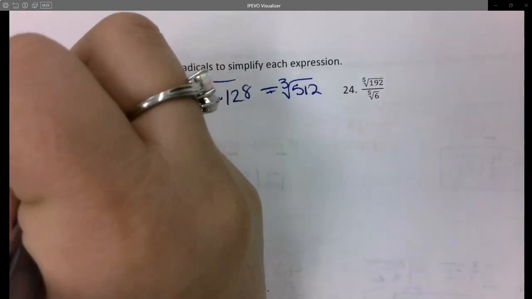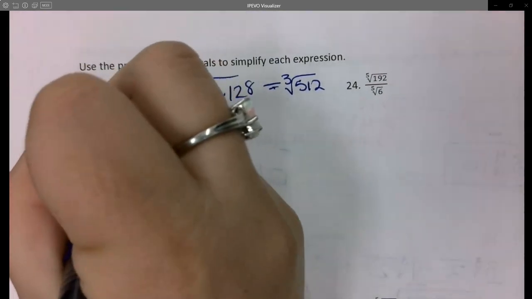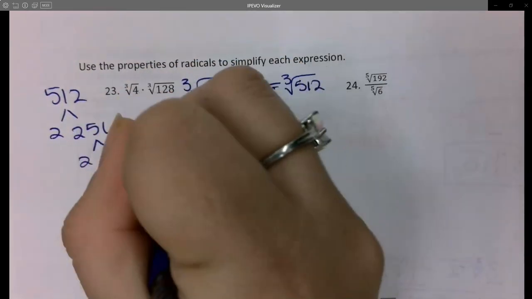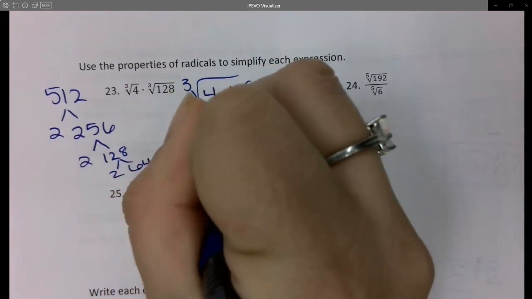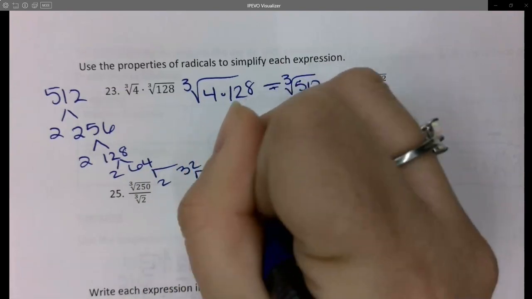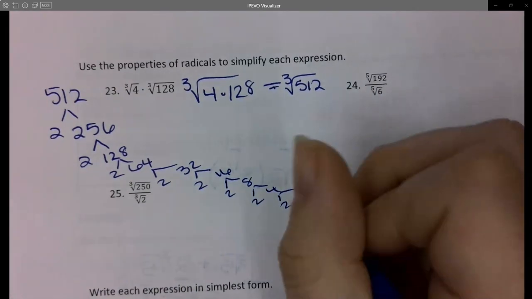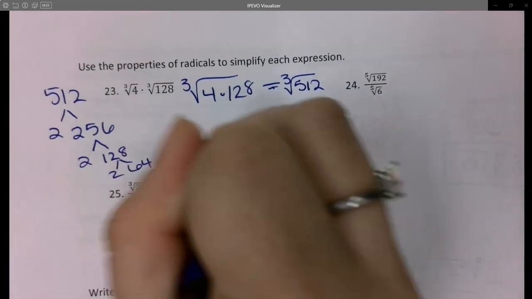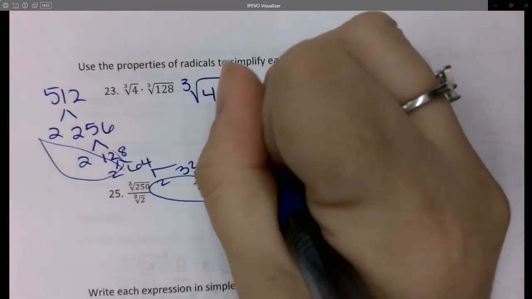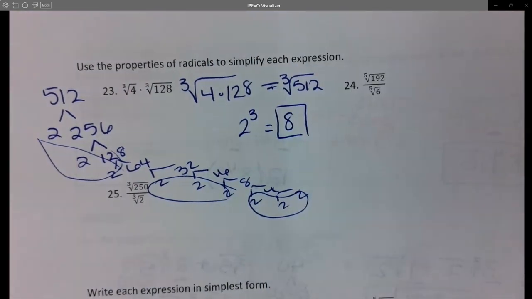It's even, which gives me 2 and 256. That breaks down to 2 and 128, 2 and 64, 2 and 32, 2 and 16, 2 and 8, 2 and 4, and 2 and 2. So this one I am looking for groups of 3. I have 3 groups of 2, so I would multiply 2 out 3 times, or I could write 2 cubed, which gives me 8.